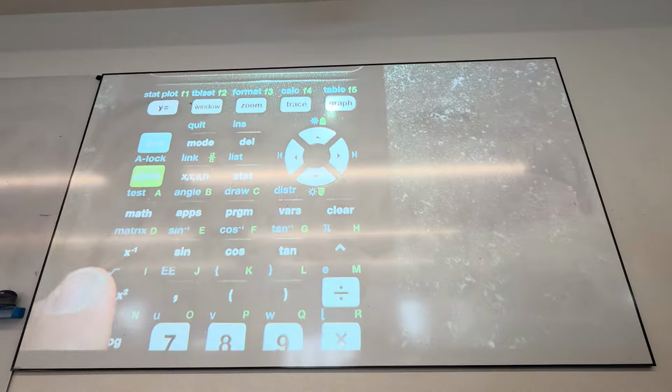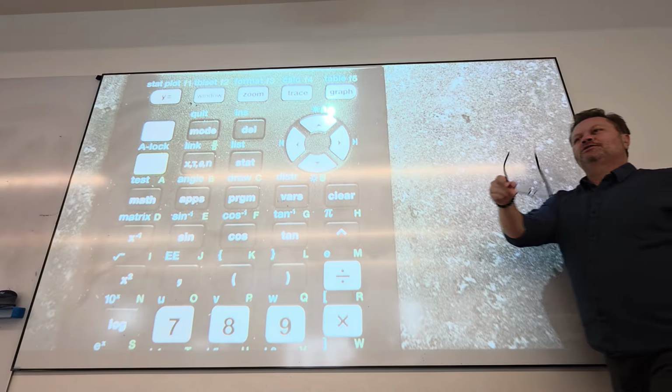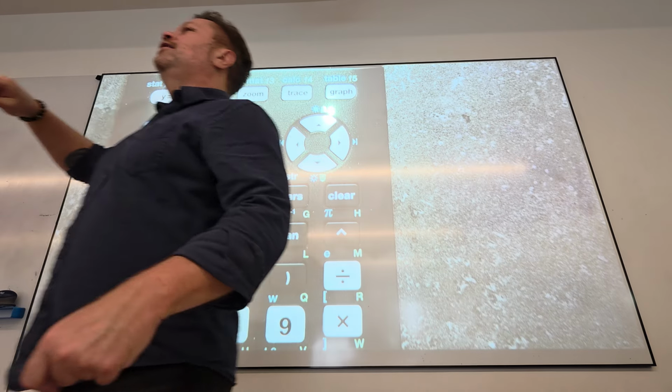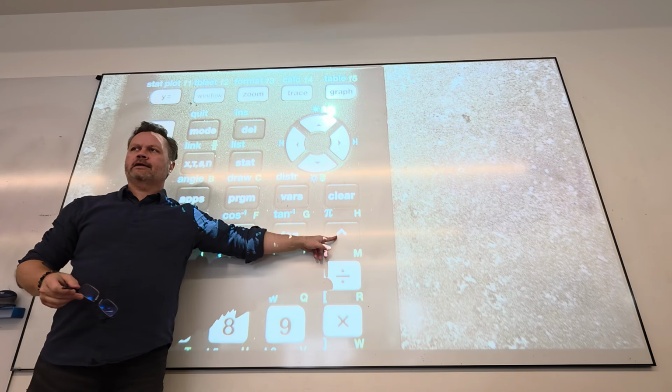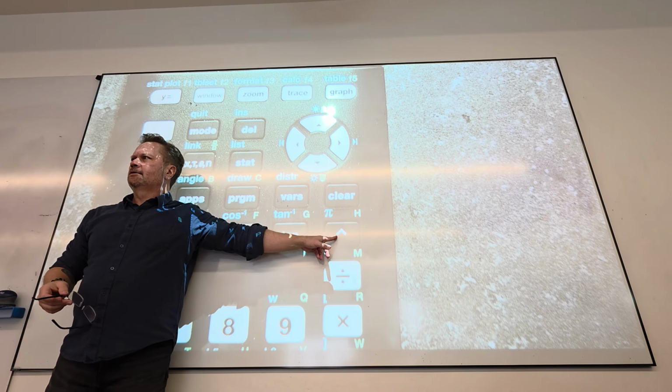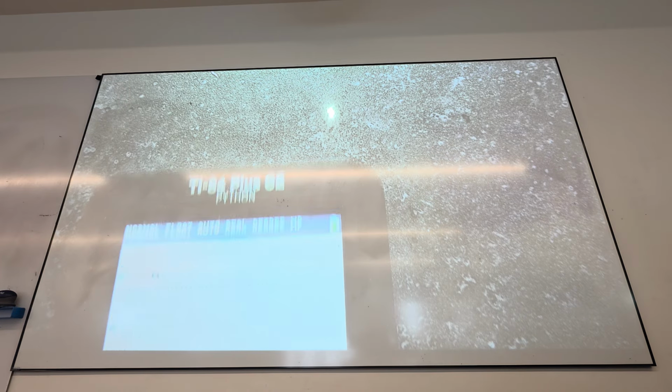Does anyone know where your power button is? Yes? Underneath clear. Yeah, it's called the caret. So x, I call this the 'to the' button, x to the third power.